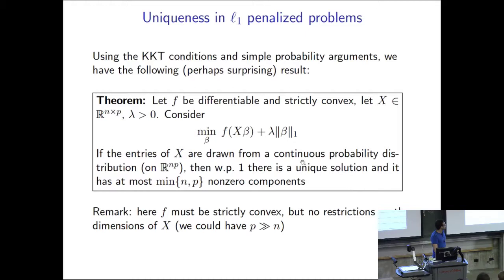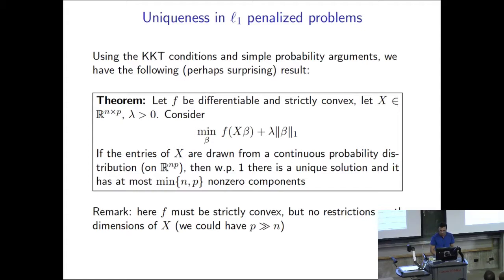And it's an interesting example of where we get uniqueness without strict convexity. So this problem is certainly not strictly convex when p is larger than n, right? Because x is going to have a non-trivial null space, so it's not going to be strictly convex. But we can still get a unique solution as long as the features are sufficiently random, if they have a continuous probability distribution.